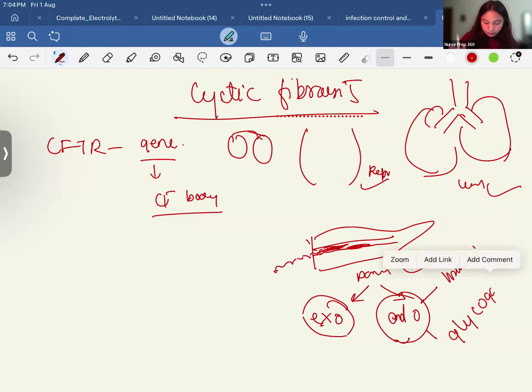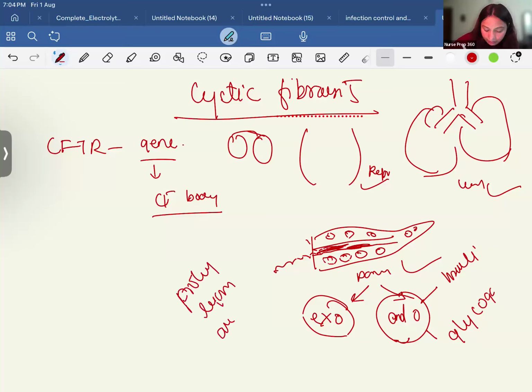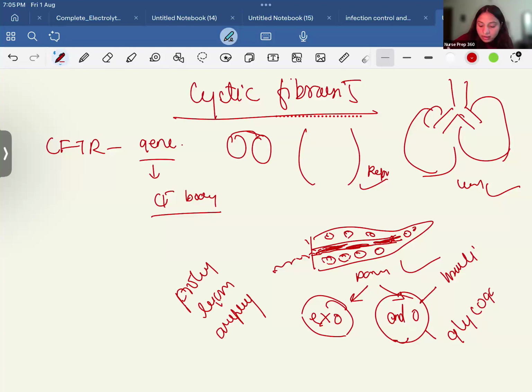There are islets of Langerhans, and we have another type of cell which produces 3 types of exocrine enzymes: protease, lipase, and amylase. This cystic fibrosis disease affects your secretions. It makes secretions very, very thick.